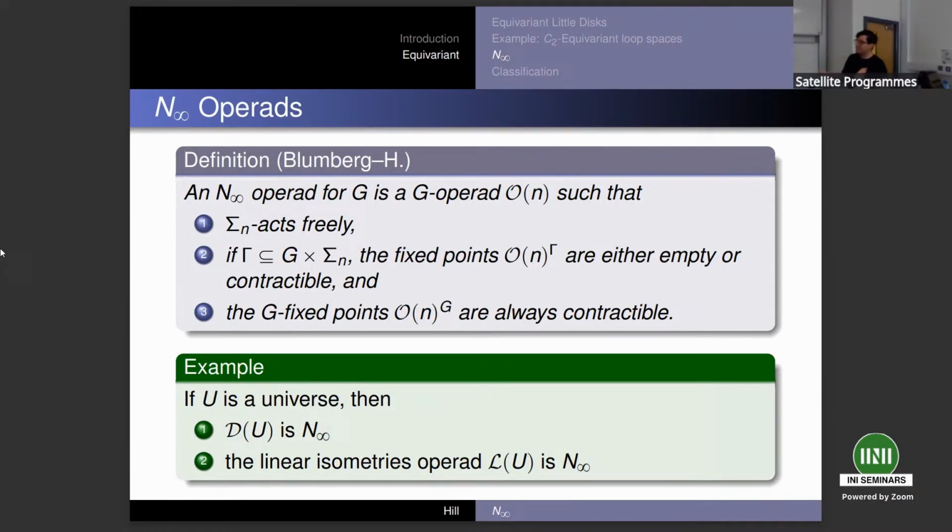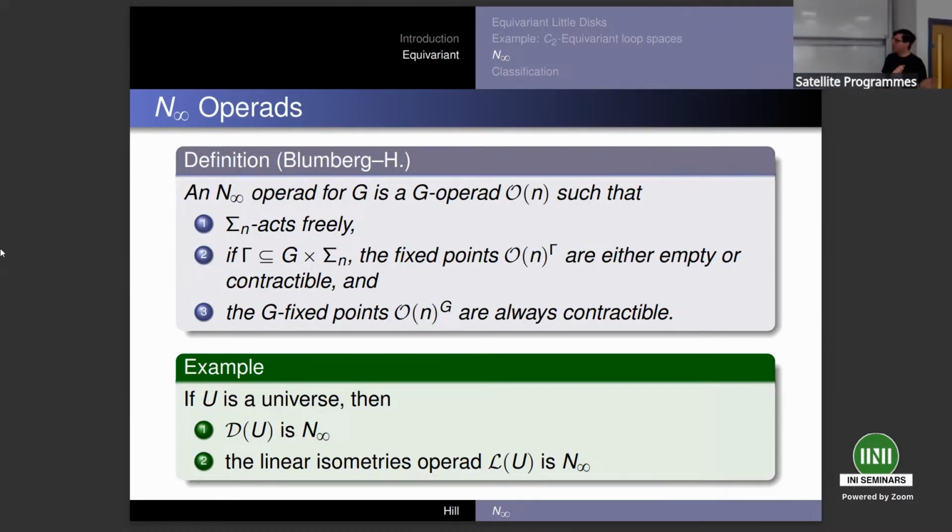And so I'm just going to choose that as my definition. I'm going to have an operad in G spaces, and I'm going to ask that sigma n acts freely, that's what I was seeing in all the examples, and there are nice things I want from that. And then I also want that the fixed points are always, for any subgroup, either empty or contractible. That's my sort of analog of the E infinity part.